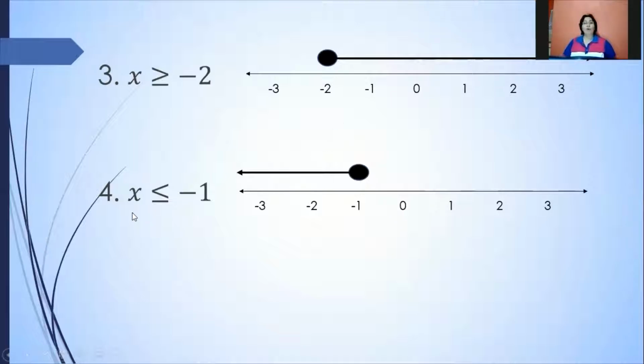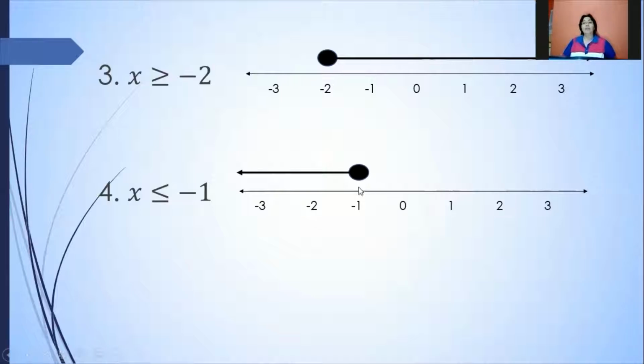Number 4, x is less than or equal to -1. The boundary is -1. Since the given inequality is less than or equal to -1, the symbol is a solid circle above -1.